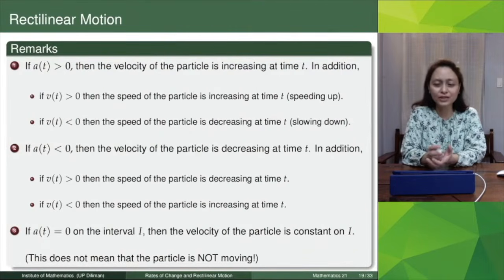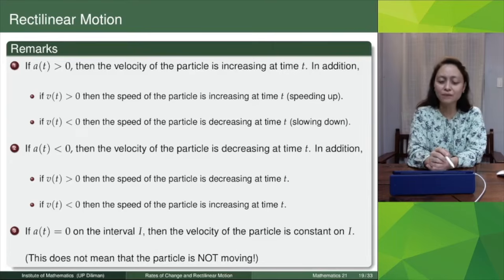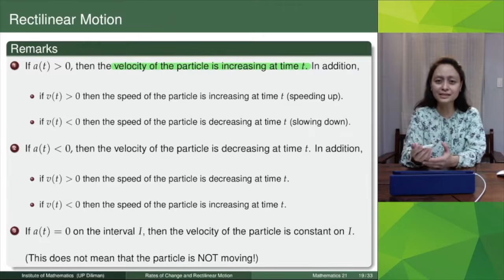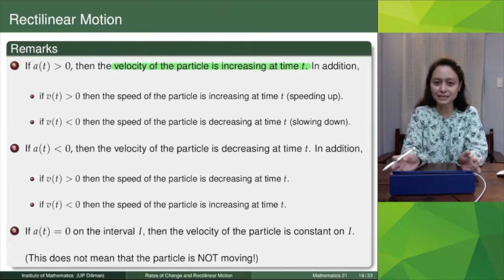Next, what information can we get from the acceleration? If the acceleration is positive, then the velocity of the particle is increasing at time t, increasing numerically. Let's look at these cases. If the velocity is positive, then the speed is increasing, or the particle is speeding up.